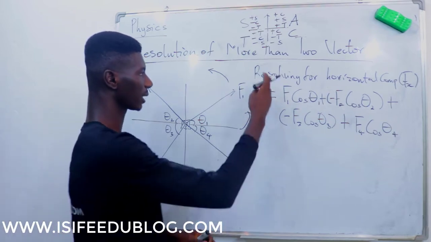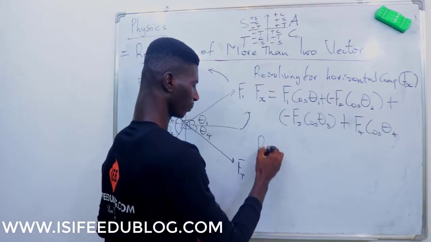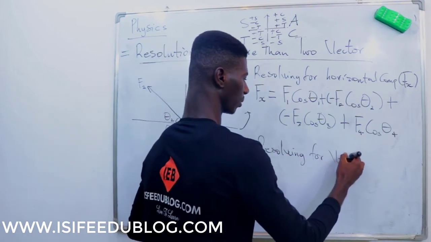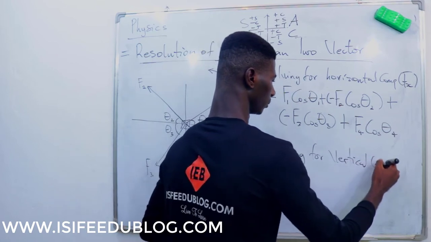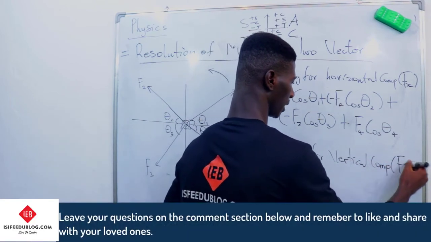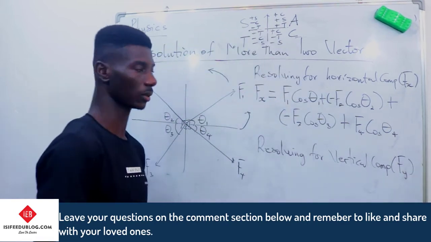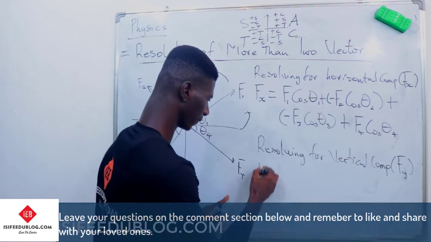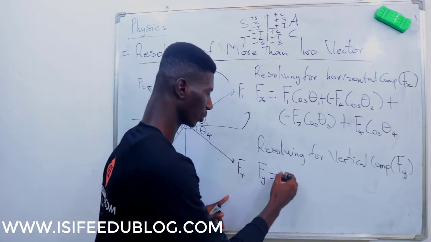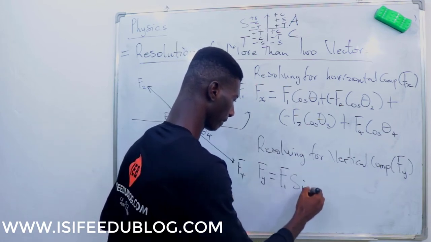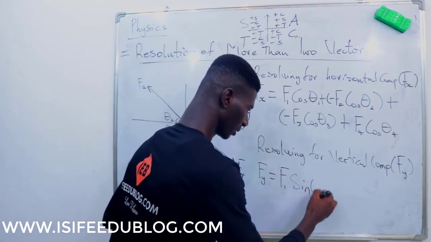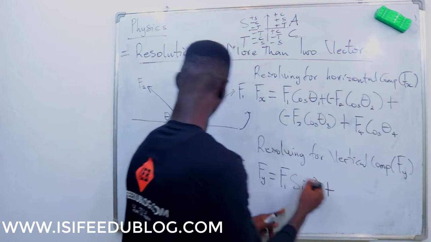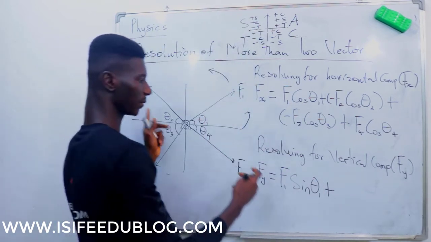Very, very important. Now if you are resolving for the vertical component, we are using Fy to denote it. This time around we are making use of sine. So we have Fy is equal to F1 sin θ1, because anything here is positive, including sine, plus F2 sin θ2, since sine is still positive.